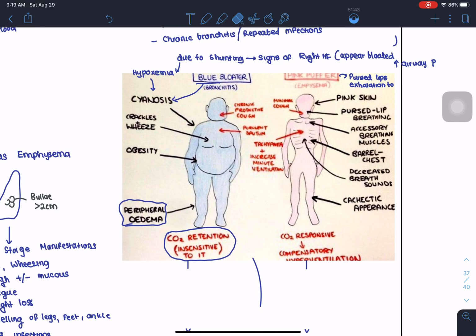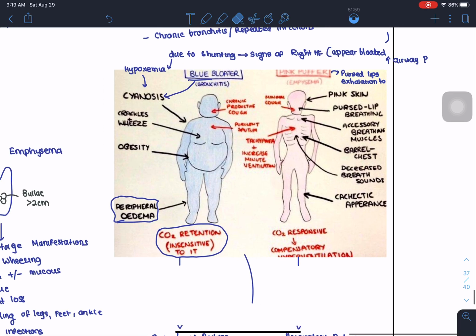They purse their lips, and they try to use all the muscles they can to expire the air out. Over time they get a condition called barrel chest. The chest is expanded like this. They keep doing that, and over time the chest is going to be expanded like this.